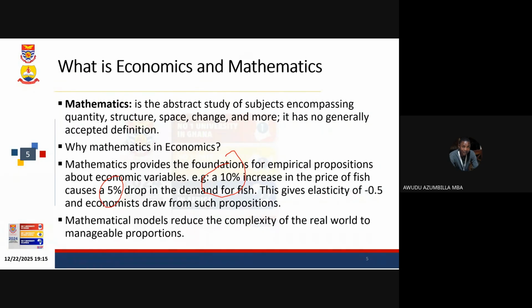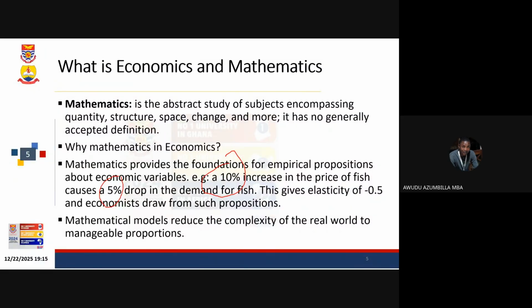Now, maths will help us with a simple model assumption that will help reduce this complexity into a manageable way. How would they do that? They come out with the assumption of holding all other things constant. When you say that, it means that all the factors you can think of, we can hold them constant.